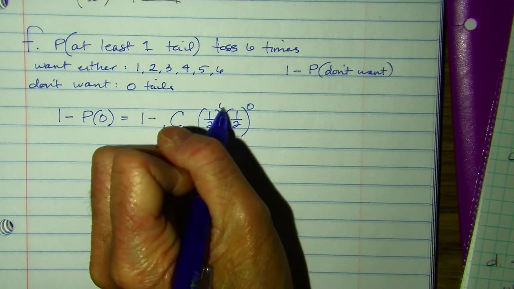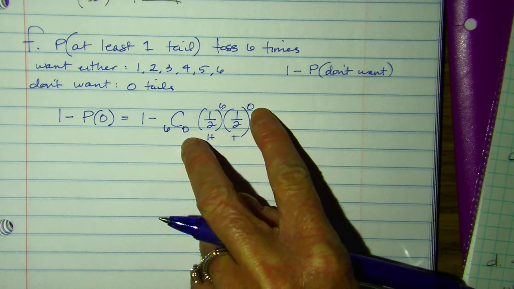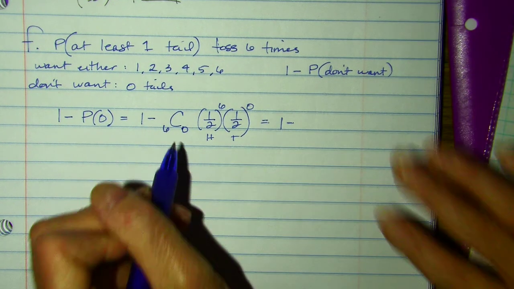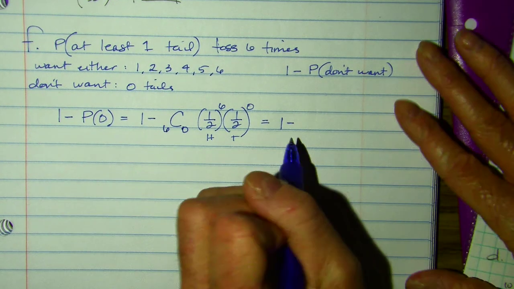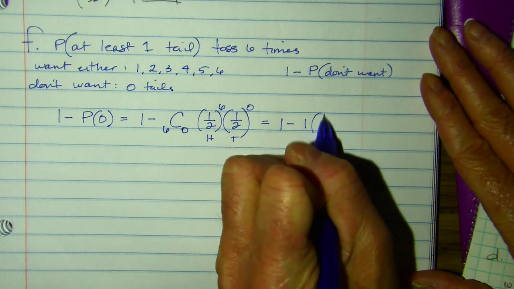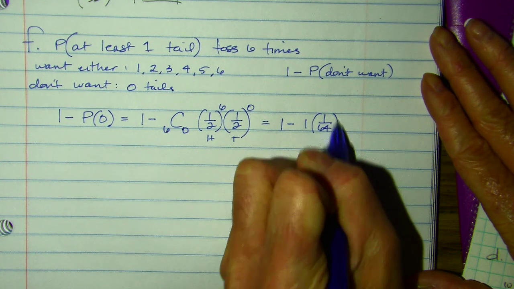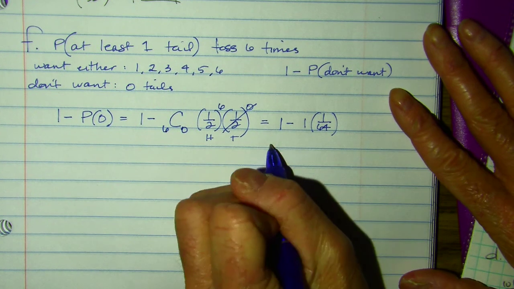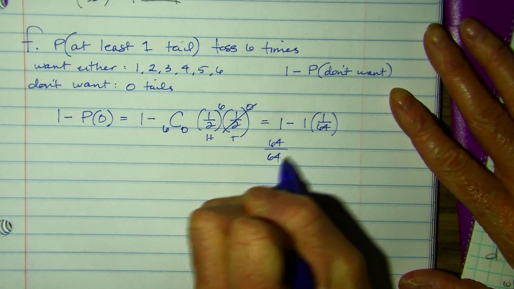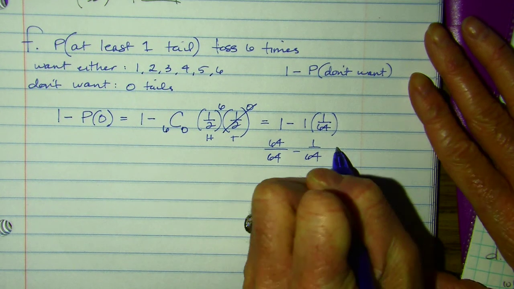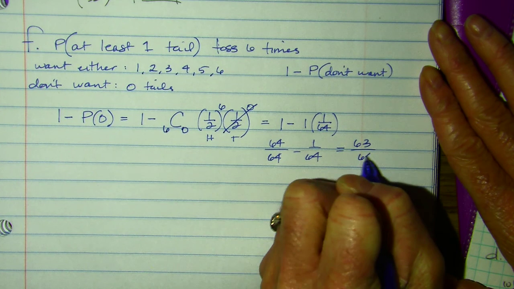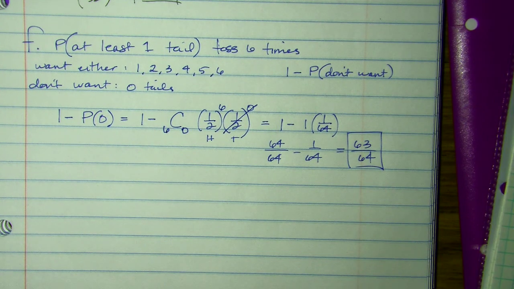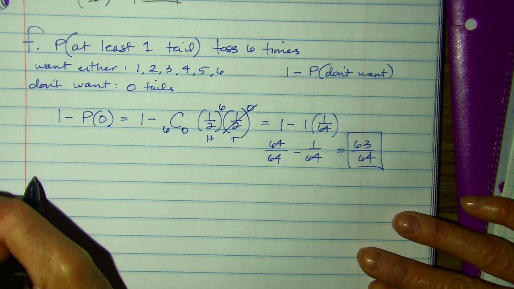Notice those now match. So 1 minus 6C0, what's the first term in every row? 1. And this would be 1/64. And this is gone. So 64/64 minus 1/64 equals 63/64. That's almost a whole, so it is very likely to get at least 1 tail.